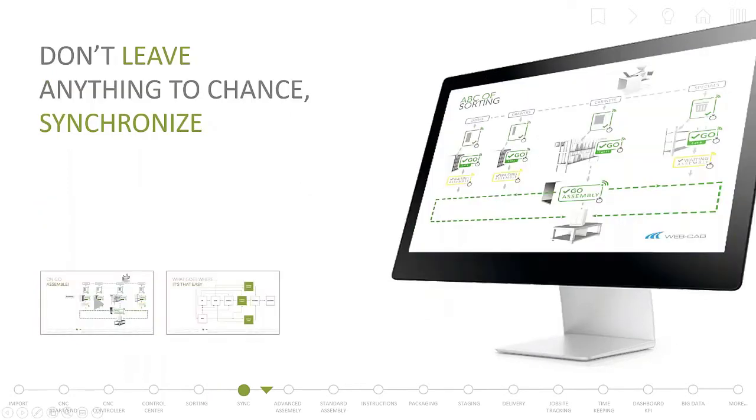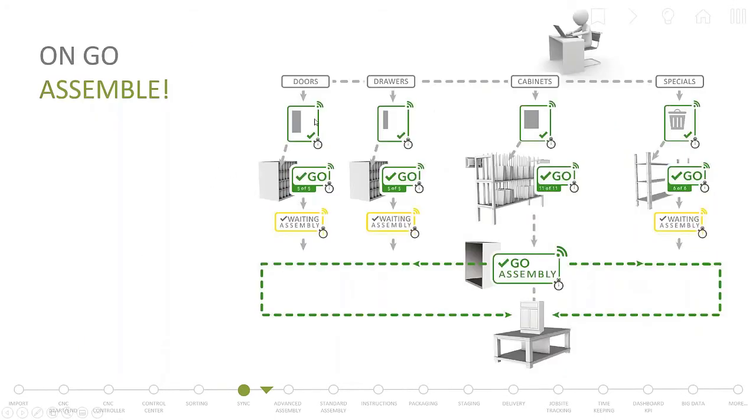Now, sorting is also grouped with what we call synchronization, okay? What we want to say is that you have parts being sorted for different departments in your factory, let's say a door department, a drawer, a cabinet, special items, face frame, etc., and then you have your case parts. So the key is to synchronize these departments together to specify that there's a go, you can start to assemble on your assembly line.